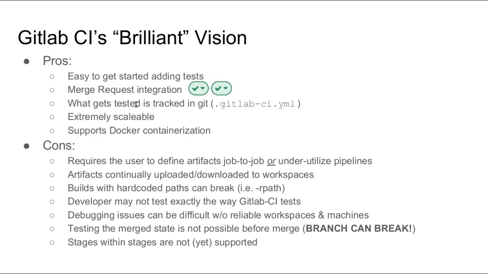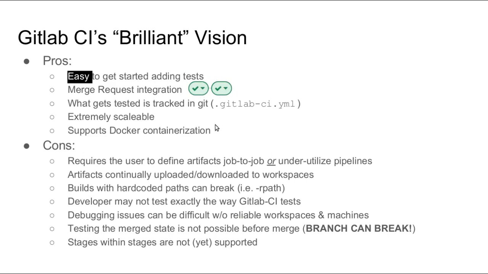One pro that's fantastic is it's really easy to get started adding new tests. I mean, if you watch my introduction to GitLab CI video, you can see that we have gone from absolutely no continuous integration and testing to testing in less than 10 minutes. So for the user, it's very easy to start adding tests. The merge request integration is hard to turn down. Right in a merge request, you can see the status of the tip of that branch and know whether it's stable or not stable.